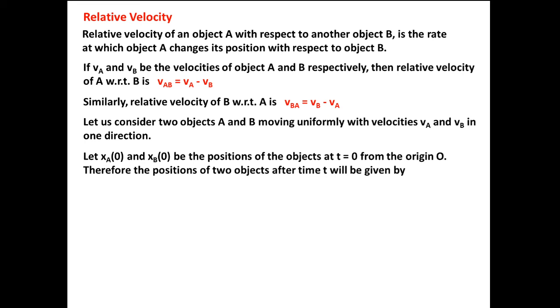If both are at the same position, it means the position is same. Let this be x of A at t equal to 0 and this be x of B at t equal to 0.